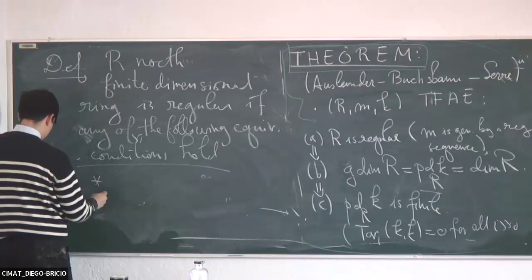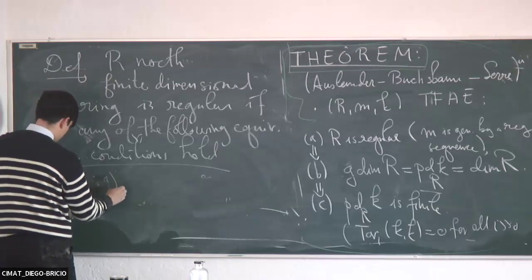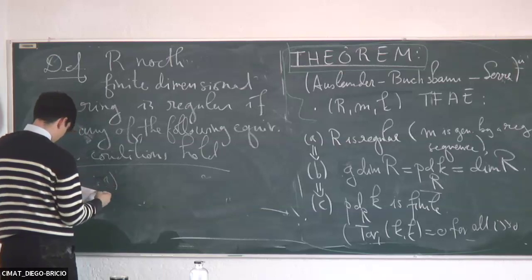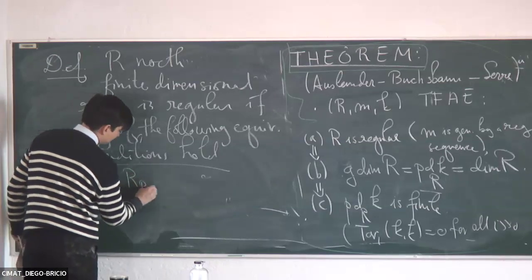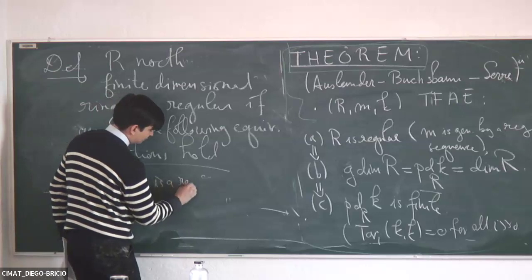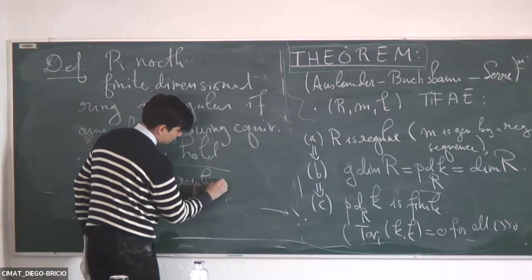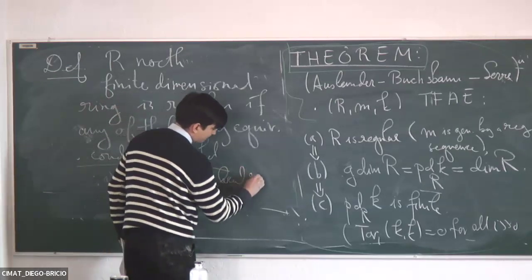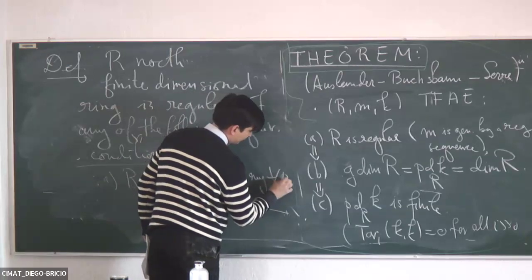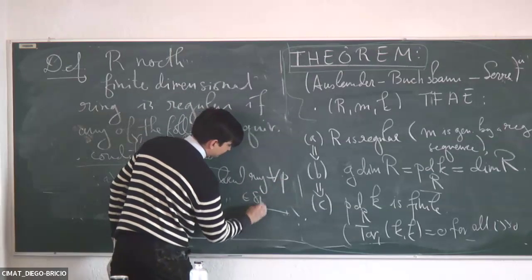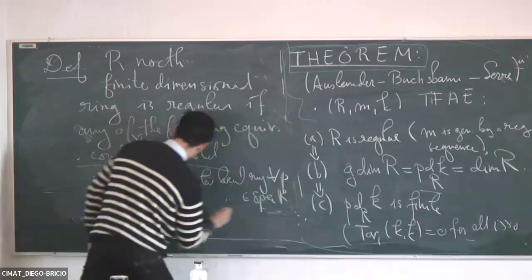So first, let's say A. R_P is a regular local ring for all P in the spectrum of R. 2.